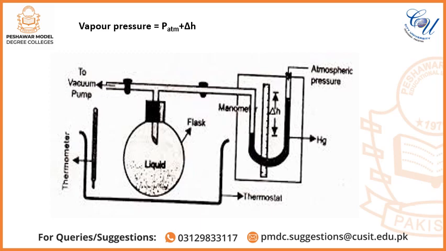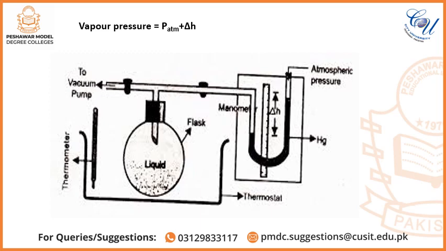the manometer and push the mercury column at the left limb of the manometer, and there will be a decrease in the mercury column at the left side, while there is an increase in the mercury column at the right limb of the manometer, which goes against the atmospheric pressure.